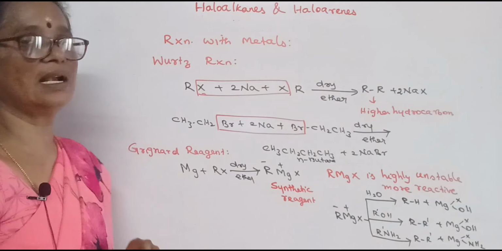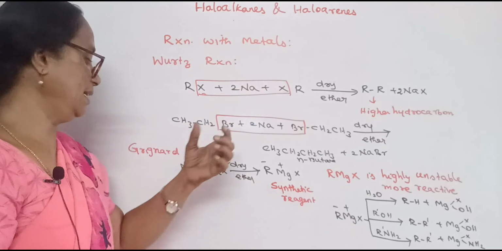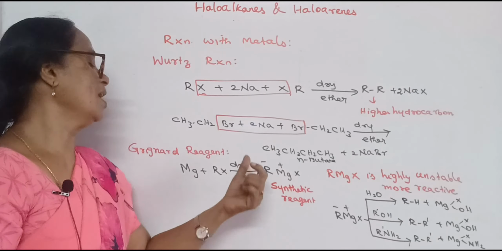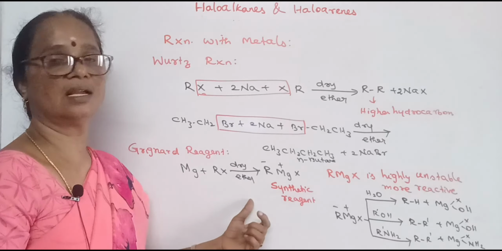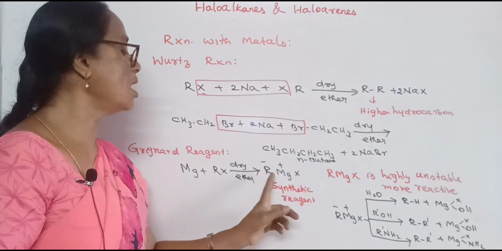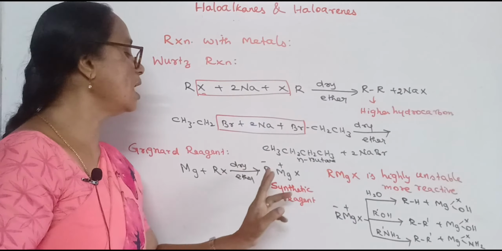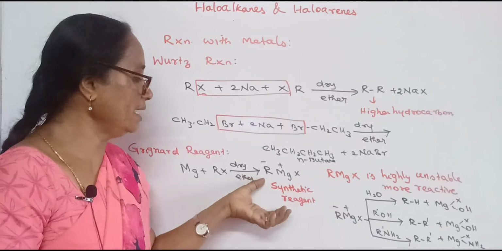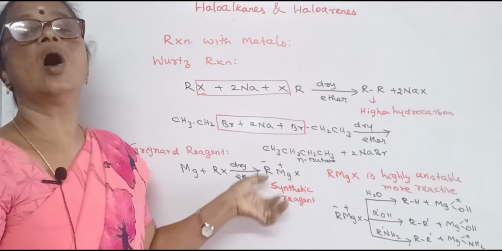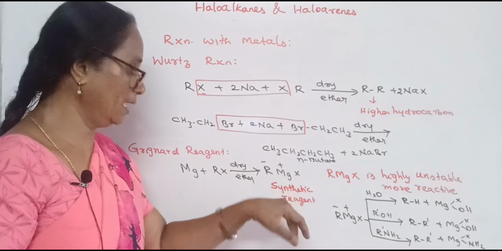The next one, Grignard reagent. This reagent was actually prepared by Victor Grignard by taking magnesium metal with alkyl halide in the condition of dry ether, where it forms alkyl magnesium halide. This is also said to be an organometallic halide, or we can say an organometallic compound. This Grignard reagent is a very good synthetic reagent from which we are able to prepare all the derivatives of hydrocarbons. Even hydrocarbons can be prepared from Grignard reagent.